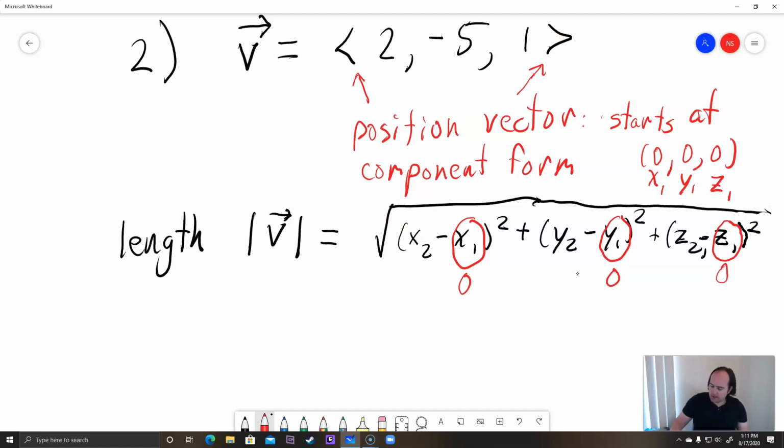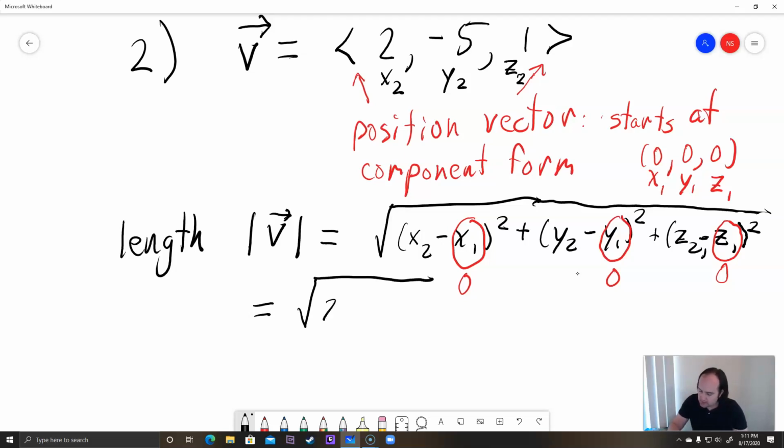And then the x2, y2, z2, that's going to be the point that they gave us. So x2 is going to be 2, y2 is going to be negative 5, and z2 is going to be positive 1. Okay? So if I plug all that in here, I'm actually going to get the square root of x2, which is 2 squared, plus y2, which is negative 5 quantity squared.